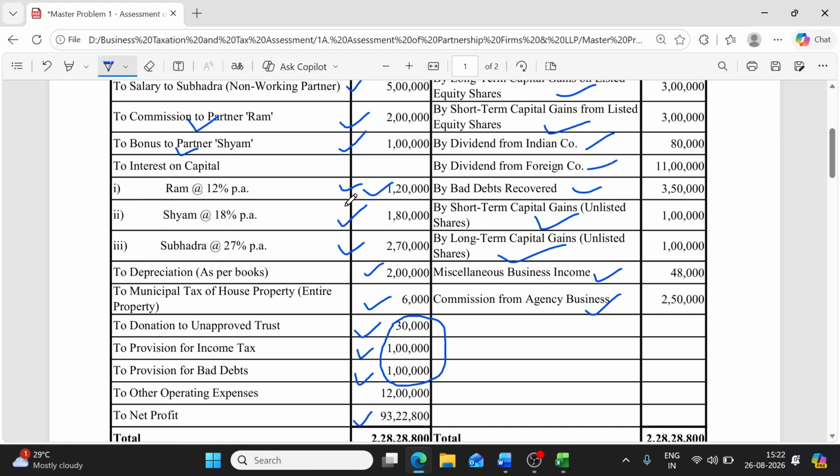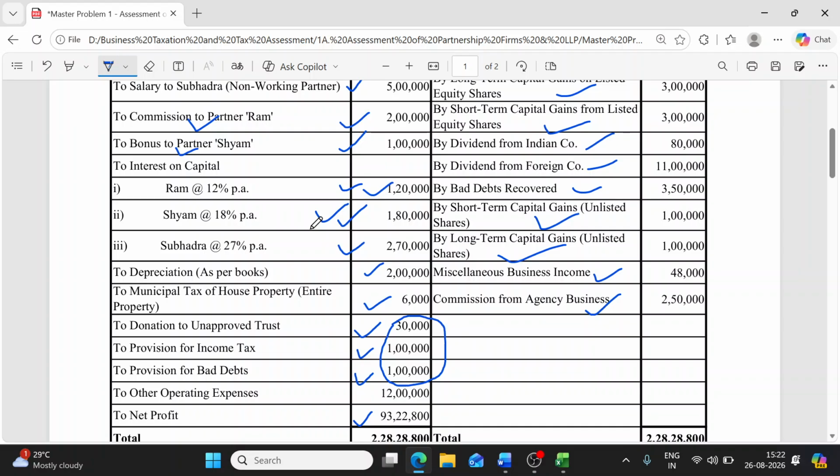But in case of Sham, look, Sham has been paid interest at the rate of 18%, and up to 12% interest expenditure can be claimed. So the extra 6% we added back in the net profit. So 12% is allowed, and if it is allowed in the books of the partnership firm, then it is taxable in the hands of partners.